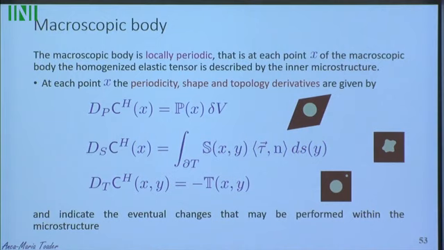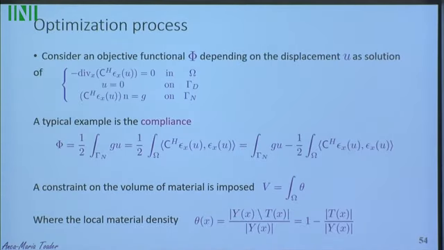So we shall perform here periodicity, shape, and topology optimization within this problem by optimizing in this case compliance, but we could optimize any other function. We will also impose a constraint on the volume, and here the volume is the integral of the local densities, and the local density is equal to this local volume.